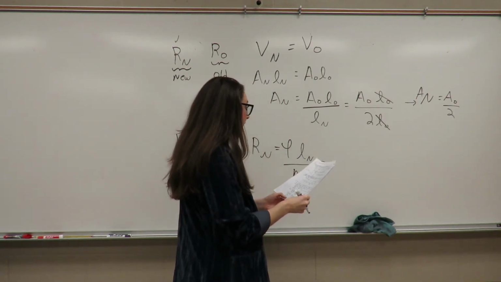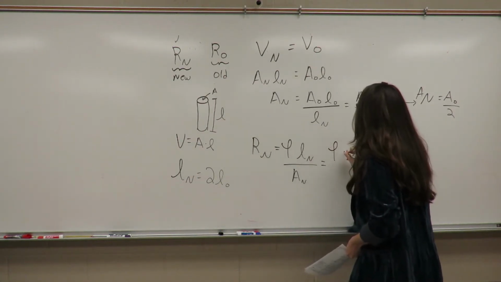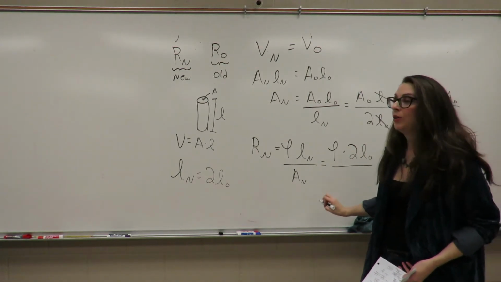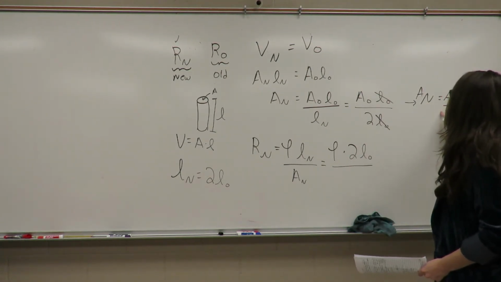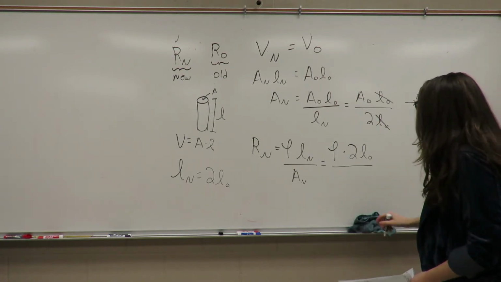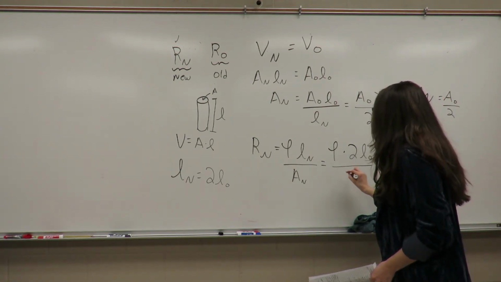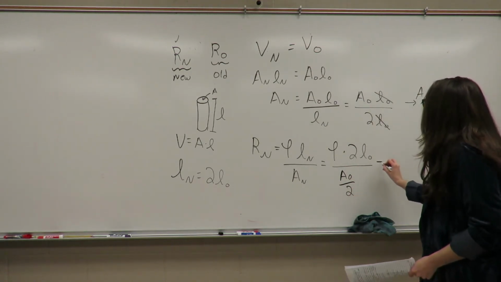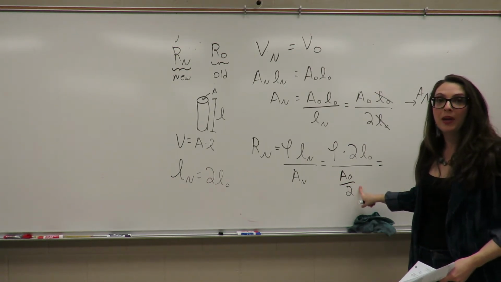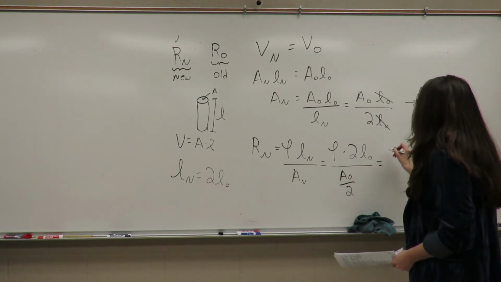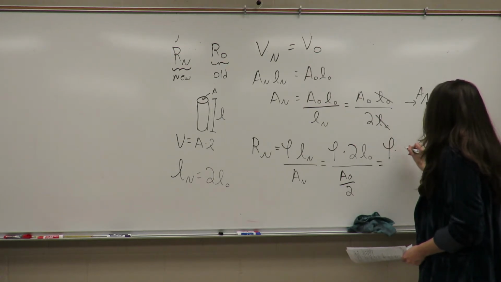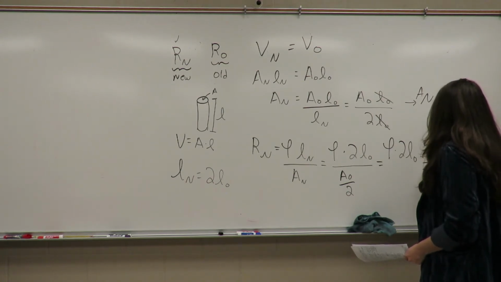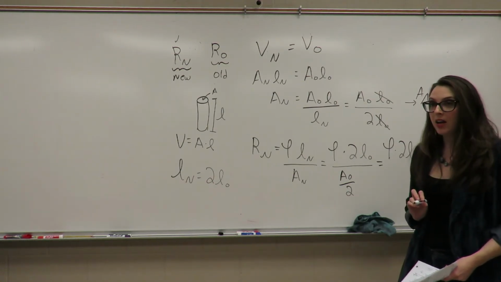Remember that our new length was twice the old length, and we're dividing by our new area, which was half of the old area, so the old area divided by 2. When we divide by a fraction, it's the same as multiplying by the reciprocal. So this equals the resistivity times 2 L_O times 2 over our original area.